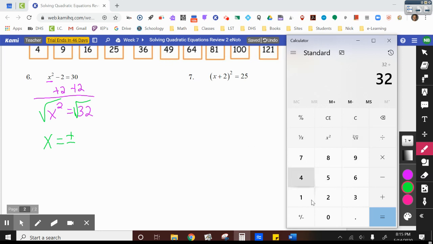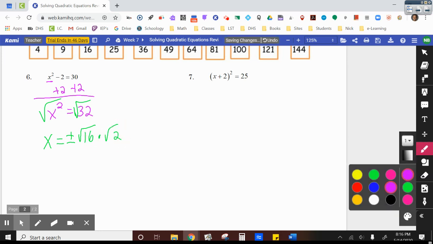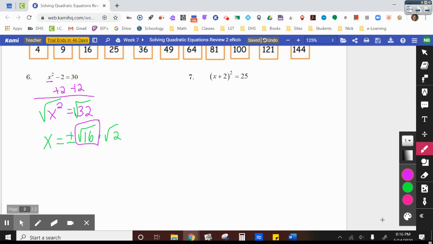Well, 25 is too big, so I'm going to try 16. And there it is. So I'm going to take that rad 32, and I break it up into rad 16 times rad 2, because this 16 is my perfect square. So now I have x is equal to plus or minus 4 rad 2.